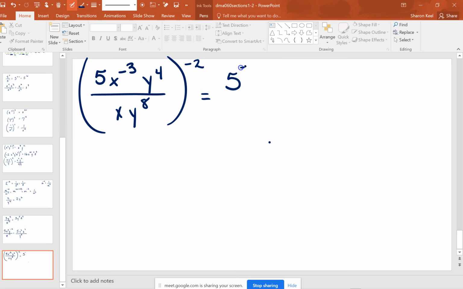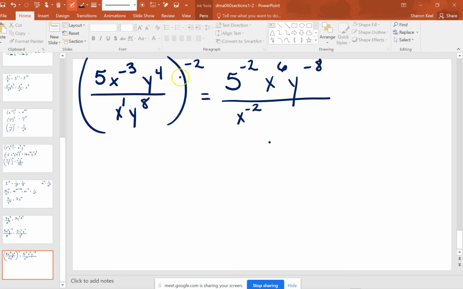So I'm going to have 5 to the negative 2nd. With my x, negative 3 times negative 2 is going to give me a positive 6. For my y, 4 times negative 2 is going to give me a negative 8. In my denominator, 1 times negative 2 is negative 2.